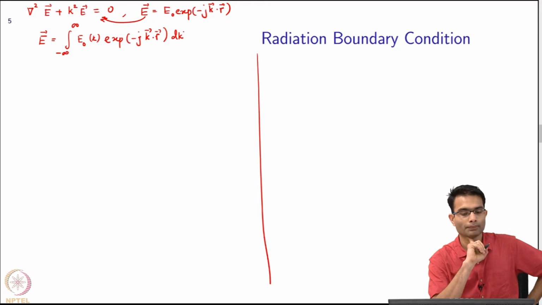I have made the amplitude dependent on the wave vector. Does this work? Some change I will have to make over here, but let us see, if I substitute this in here, what happens?